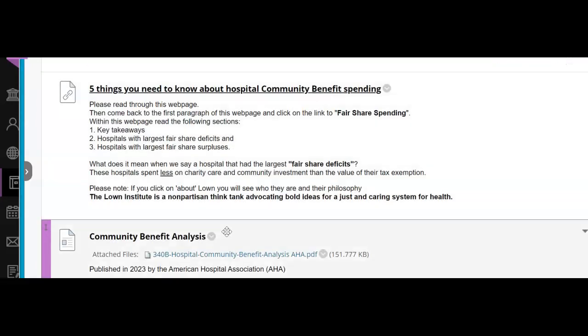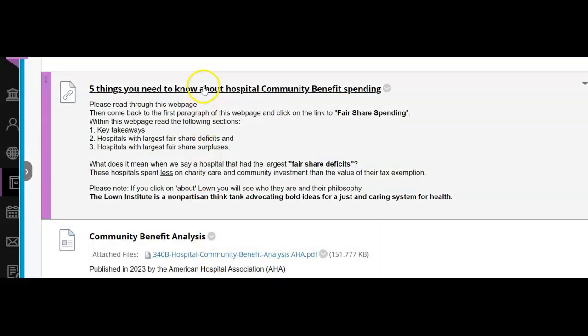Then the last required reading is the community benefit analysis. Now this was published by the American Hospital Association. So you might see things a little bit differently reported in this article and then in this.